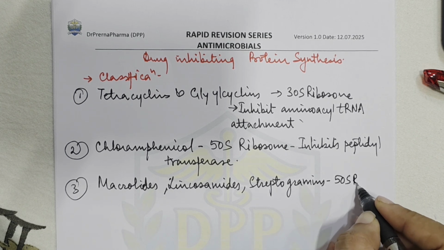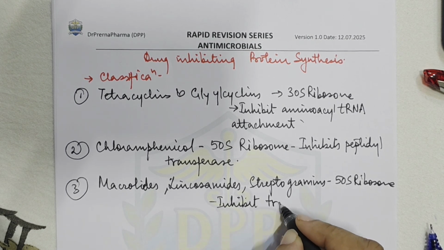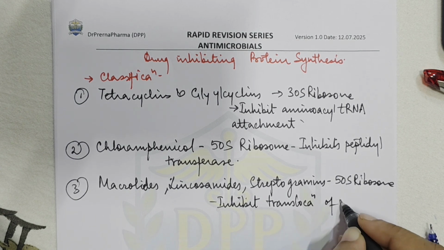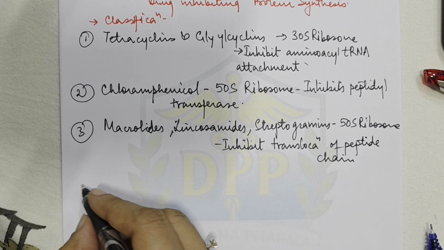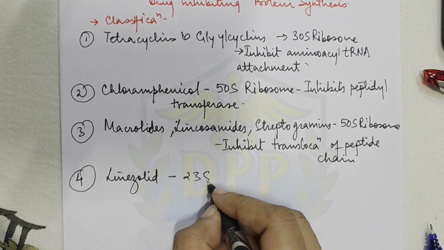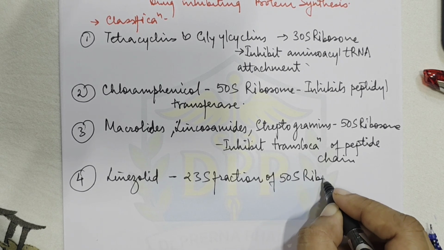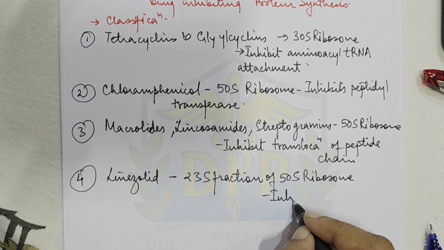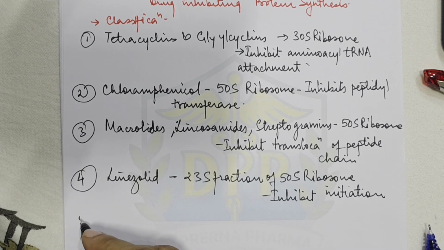They bind the 50S ribosome and they inhibit the translocation of peptide chain. Right. Fourth, linezolid, which binds the 23S fraction of the 50S ribosome. They inhibit the initiation.